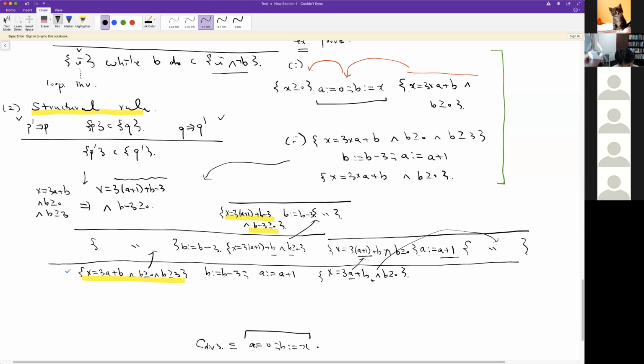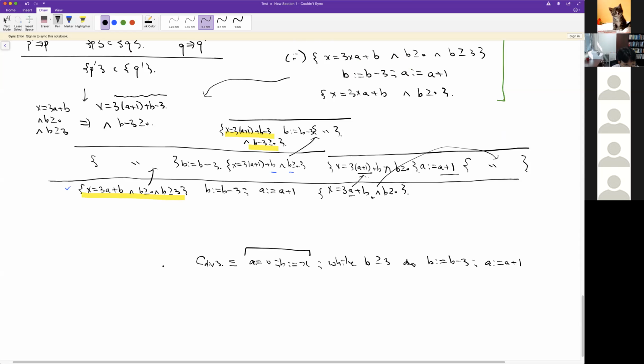Then it has a while loop: while B is greater than or equal to 3, B becomes B minus 3, and A becomes A plus 1.